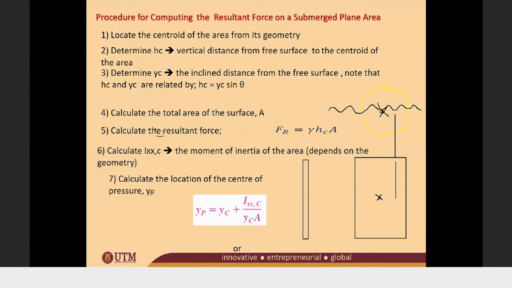Then calculate Ixx, the moment of inertia, which depends on the geometry. And then calculate YP. We know YC and we know Ixx, and we know the area, so we get the YP.